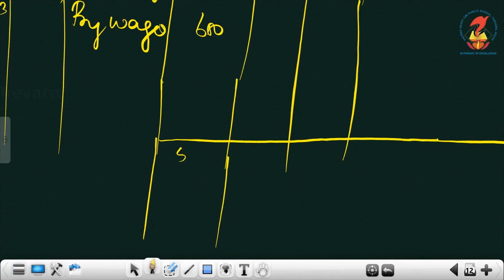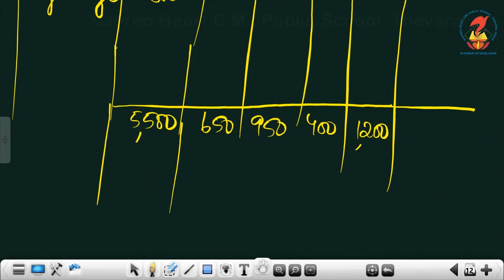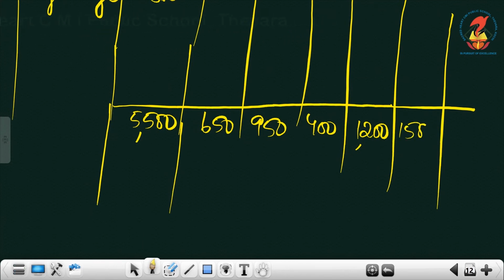After you finish writing, the totals will be these: 650, then 950, then the next one is 400. Now, I am just copying from the textbook, but when you do, you have to do the calculations yourself. Just add all these columns: 1,200, 1,500, 200 and 600.